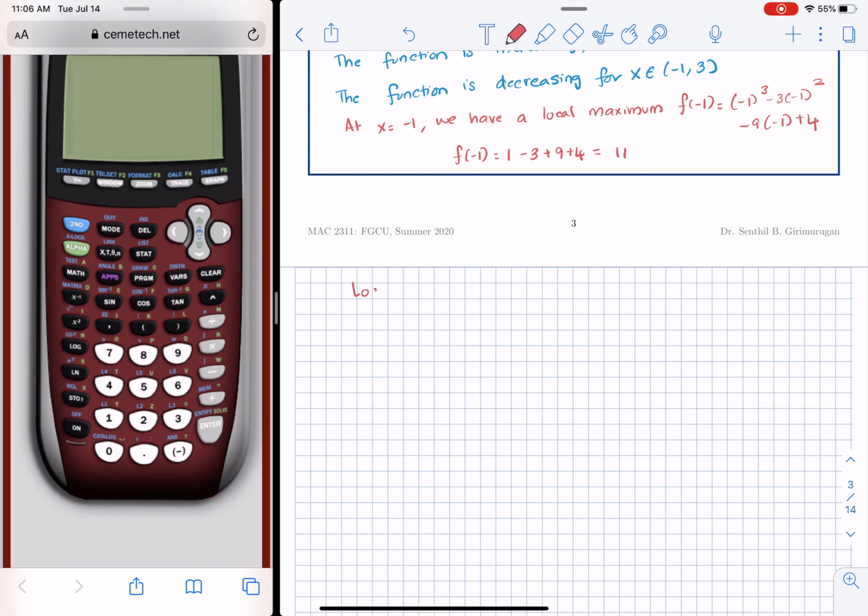So the local maximum is the point minus 1 comma 11.